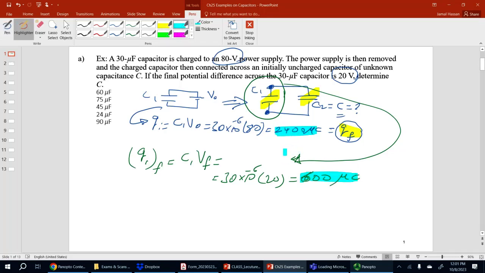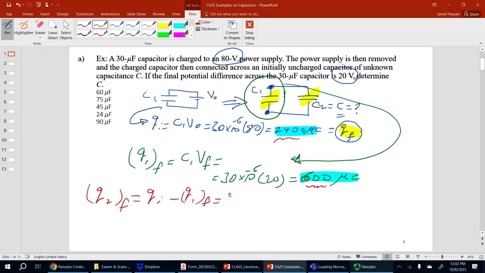Now let's look at this and this. Initially C1 had 2,400 microcoulomb. And after rewiring C1 with C2, the leftover charge on C1 was equal to 600. So the rest has to be on C2. Because Q initial is equal to Q final, Q2 final is equal to Q initial total minus Q1 final.